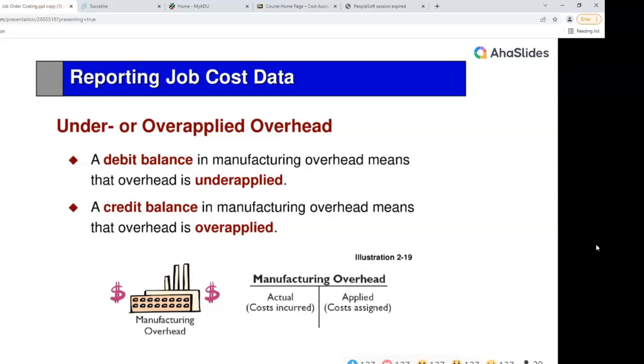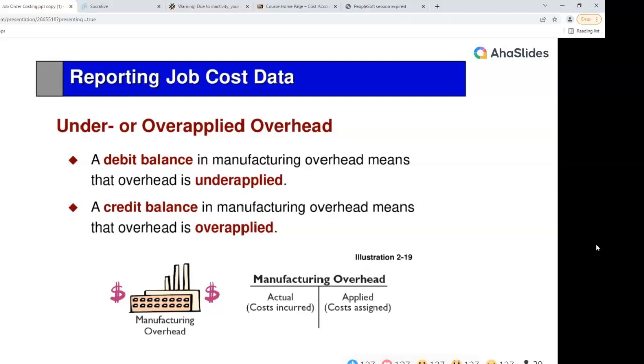So I close out. Remember closing entries? If I have a debit balance of 10,000 in that account, I credit that account with 10,000 to get a zero balance. When I close out the manufacturing account, if it has a debit balance, I credit. Why?